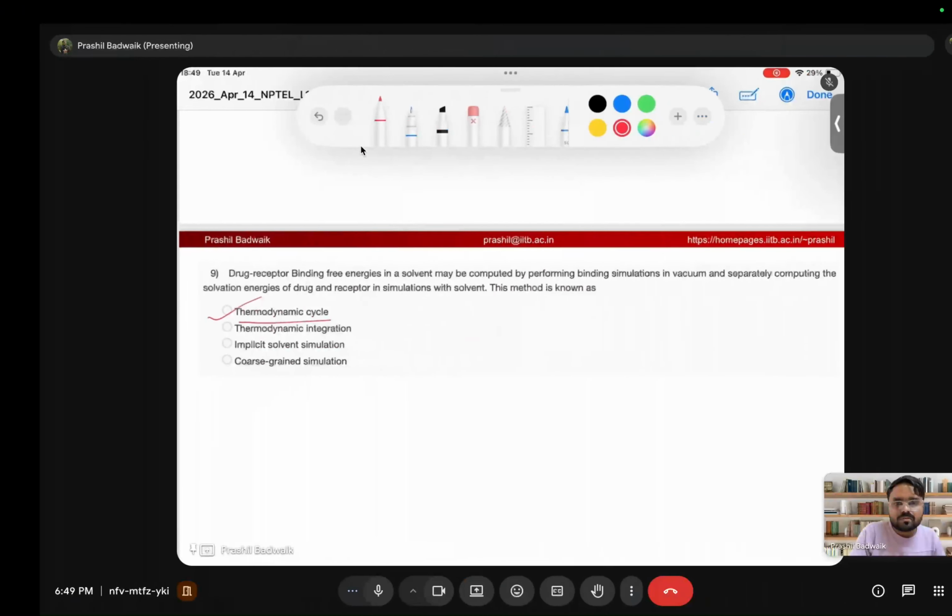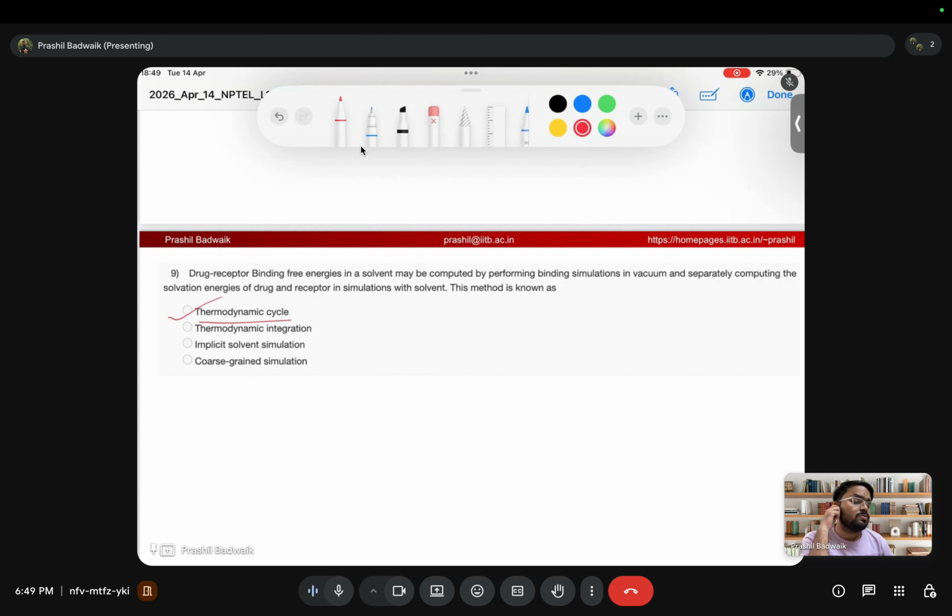Yes, thermodynamic cycle. So what we do, we have for example a drug, only drug. I have to solve this drug. So drug and in its surrounding we have some water.